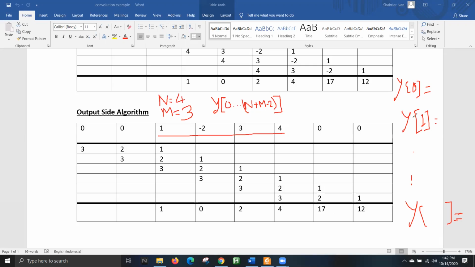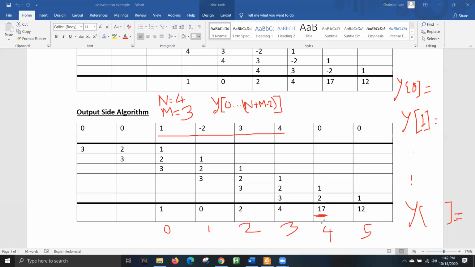The reason the output side algorithm is more useful than the input side algorithm is that you do not have to solve the entire table. You do not have to go row by row to solve all the values to get, for example, y7, where the value is 17. If this is y0, this is 1, this is 2, this is 3, this is 4, this is 5.